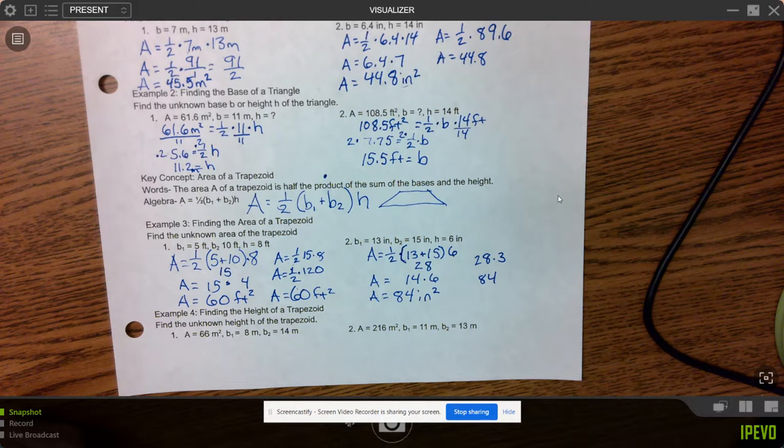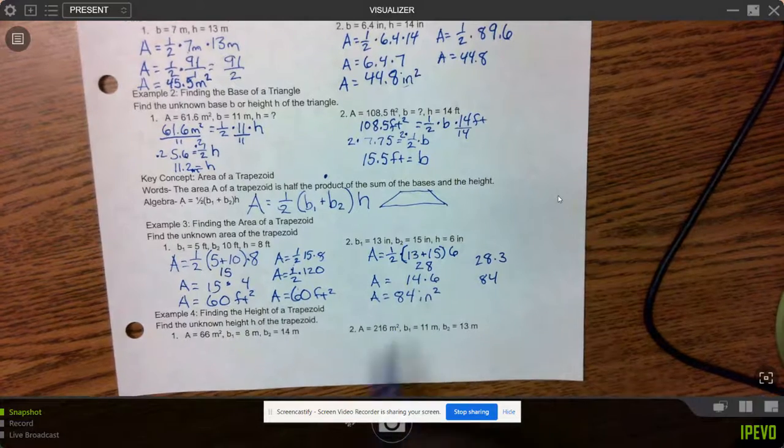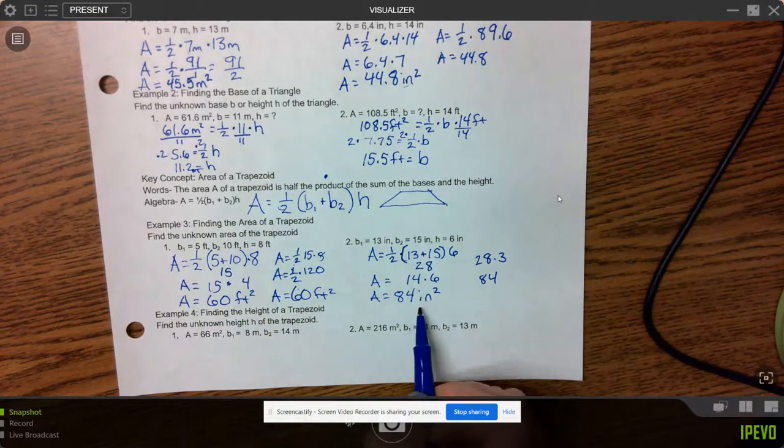You might know your factors of 6 a whole lot easier and go, oh, 1/2 of 6 is 3, so I'm going to multiply 28 times 3. We get the same answer. You could have multiplied 28 times 6 and then divided it by 2, and we would still get 84 as our answer. So there are different ways that we can get to the same answer.